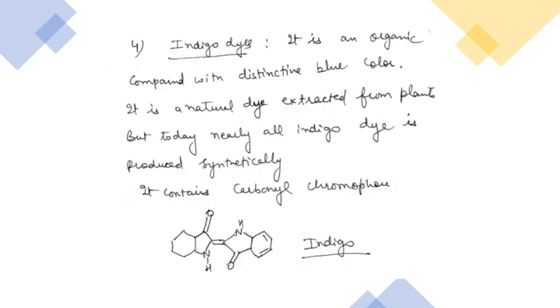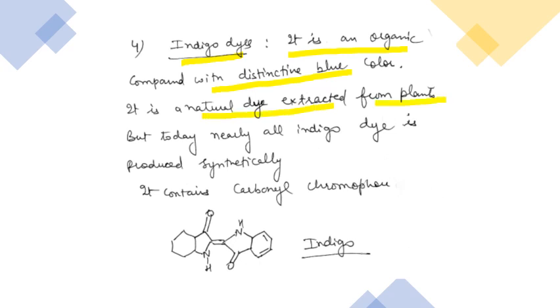So the next class in this classification is the indigo dyes. It is an organic compound with a distinctive blue color. This is also a class of dye we have seen in the natural dye category, because it is a natural dye extracted from plants.